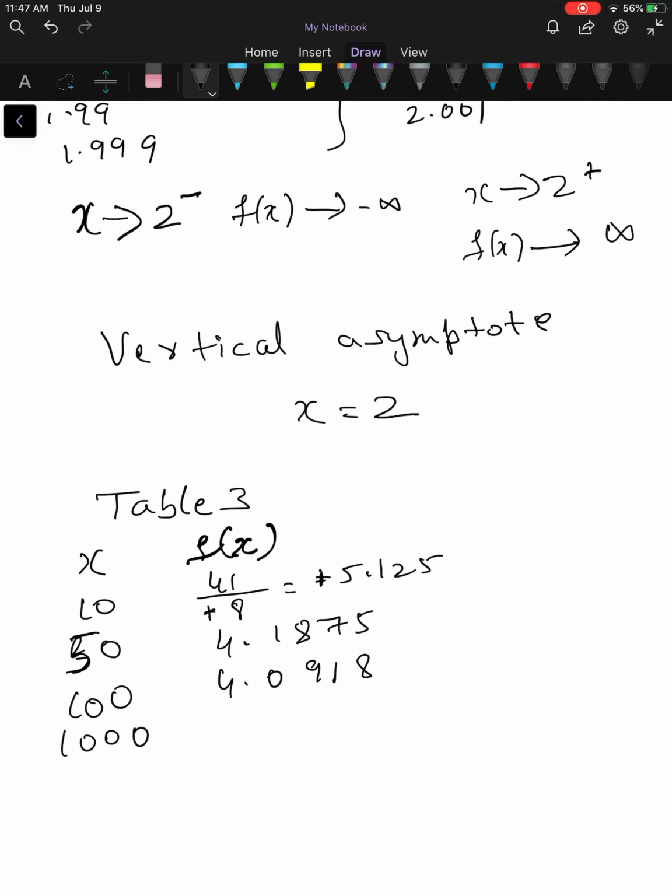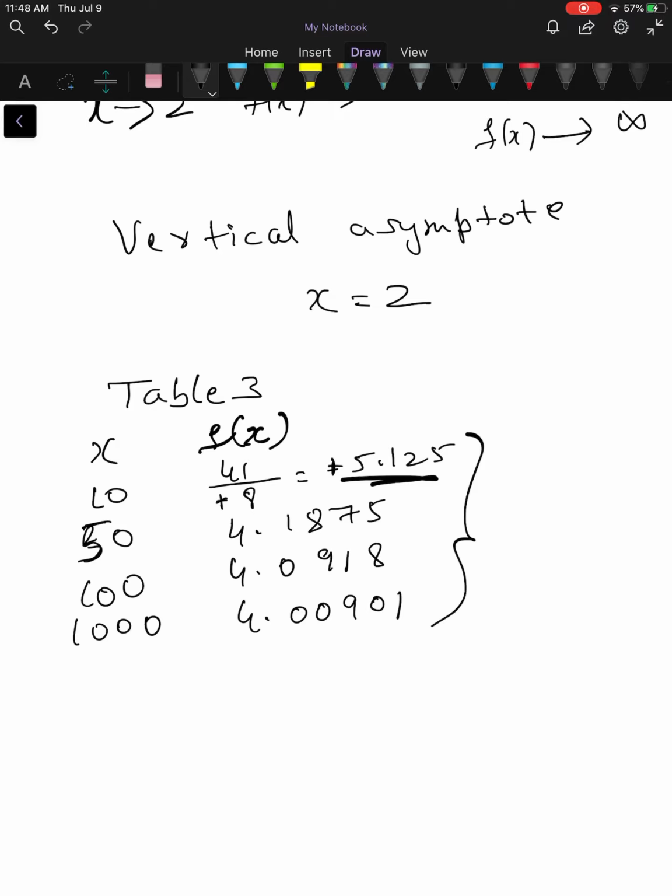Okay, so when it is 1000, so 4001, correct, divided by 998. So that would give us 4.00901. So it is approaching 4.